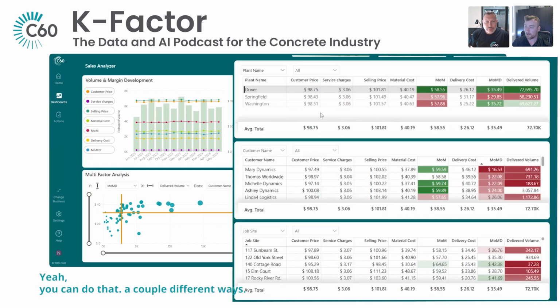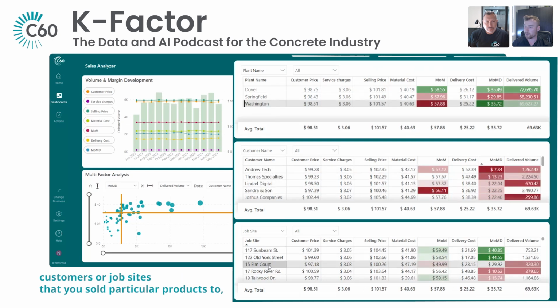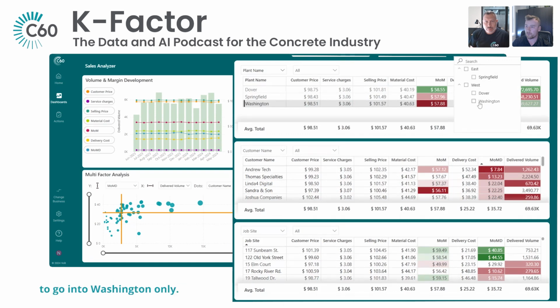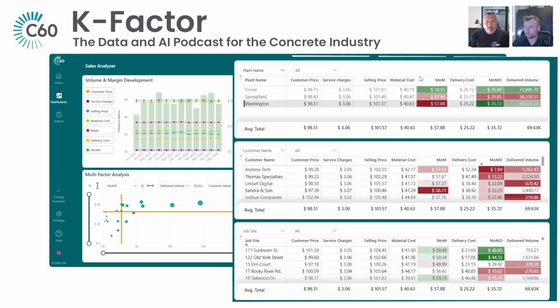Yeah, you can do that a couple different ways. You can either use the tables to sort by the certain customers or job sites that you sold particular products to, or you actually have a filter option at the top of the screen that allows you to go into Washington only.